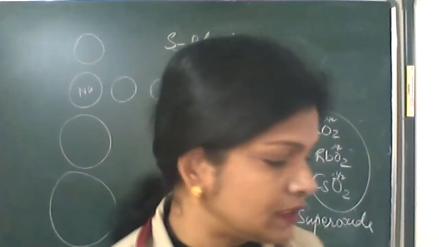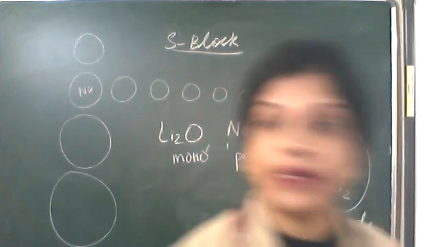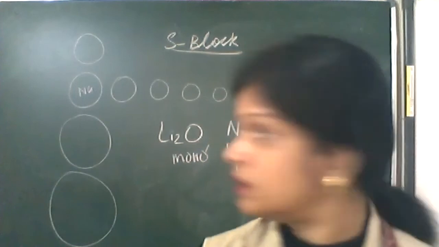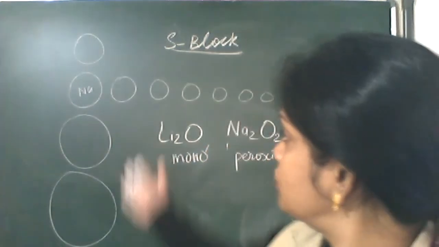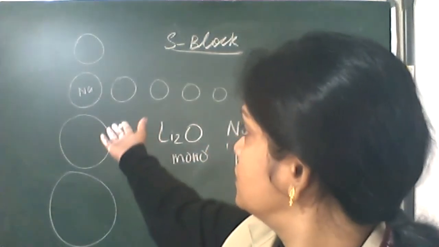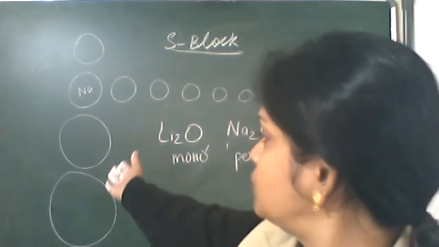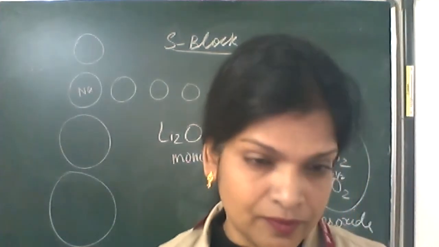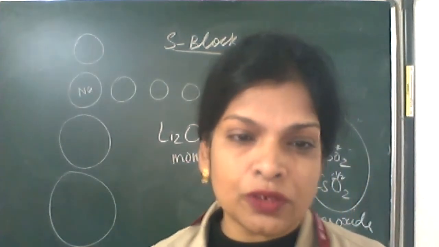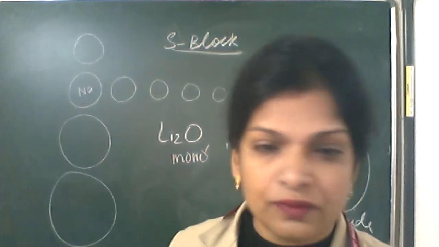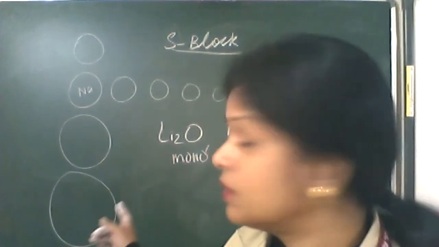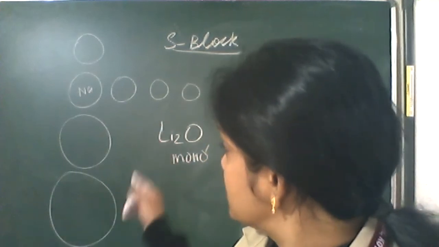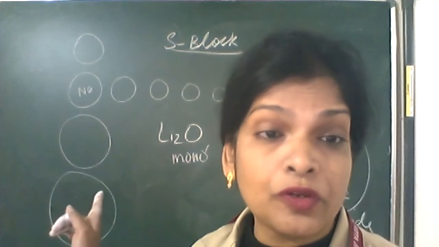That's about the oxides. What is the reaction with water? These alkali metals are highly reactive with water. When you put sodium in water, it will catch fire. Potassium will make an explosion. Cesium gives a big explosion. You can search YouTube for the reaction of alkali metals with water and see beautiful videos.